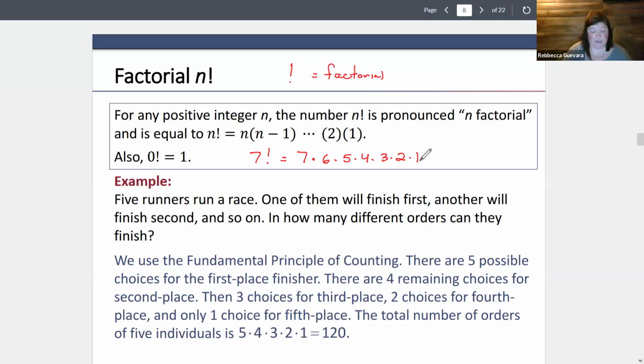This is good when we're talking about situations where we're counting down on something. And that's going to be 5,040.